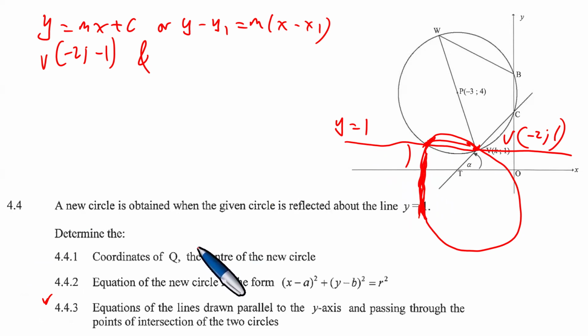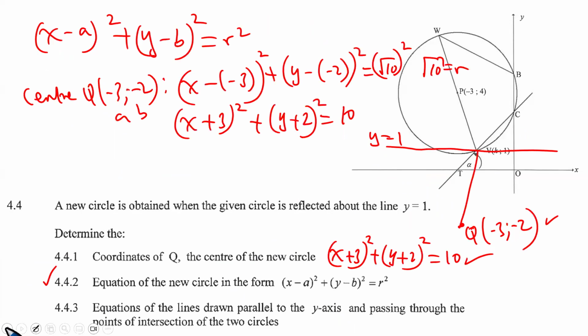So now you need to work that out, but you have the two equations of the circle. What are the two equations? This one here was obtained as x plus 3 from the previous question.